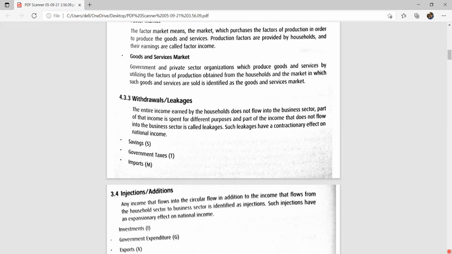The purpose is future use. If we save in a financial market, it is called a bank. Now we can't use such money that we saved in order to buy goods and services. That's why it is called withdrawal. We do not use that money to buy goods.